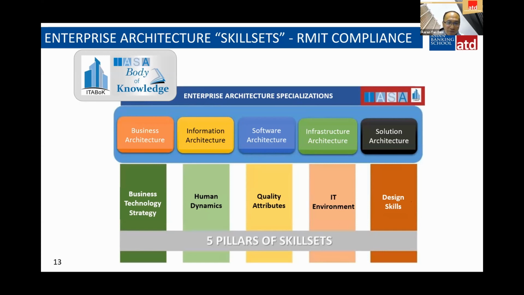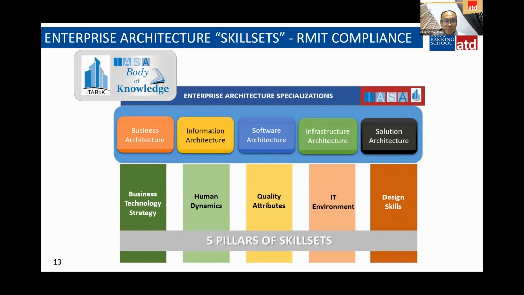So all these are the 5 pillars required by an architect to perform all the necessary tasks as a business architect, information architect, software architect, infrastructure architect, and solution architect. By the way, if you are not doing full-time as a business architect, if you are an information, software, infrastructure, or solution architect, your secondary role must be business architect.